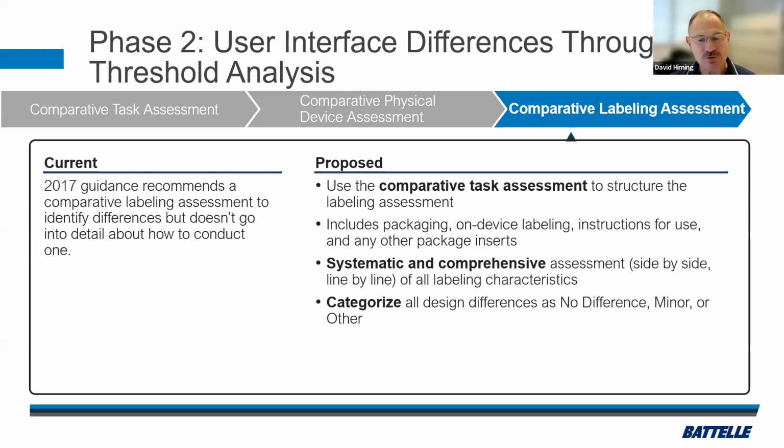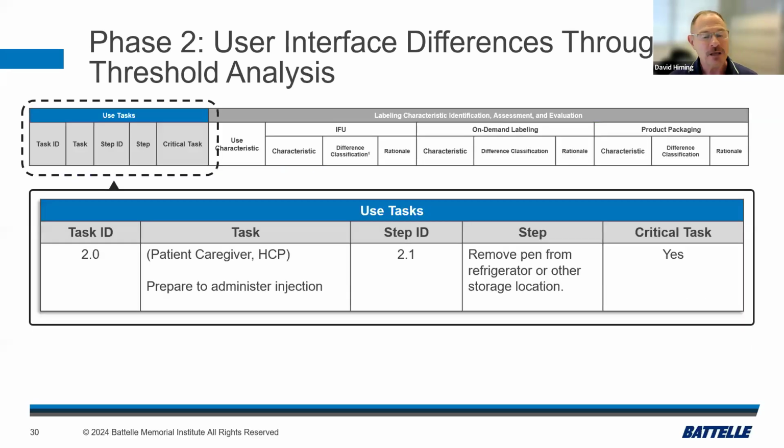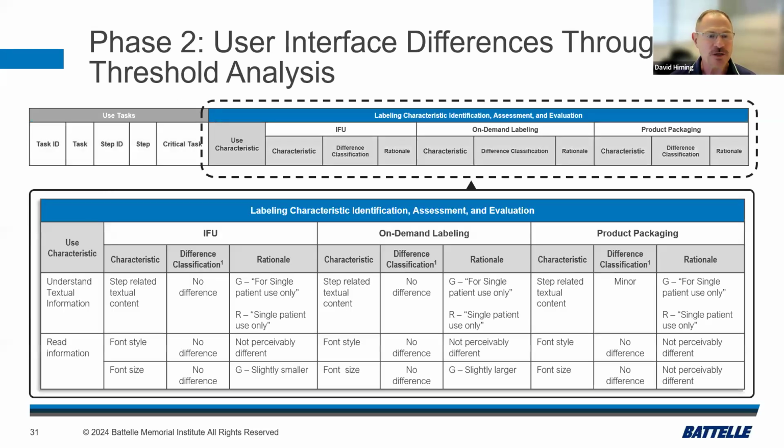But what it does do is provide insights into the potential user actions that may impact the clinical effect and/or safety profile of the generic based on their perception and/or comprehension of the labeling elements. When we look at this assessment, you'll see once again the use tasks always start, and then we look into the labeling characteristics of the standard use characteristic, listed in that first column there on the left.